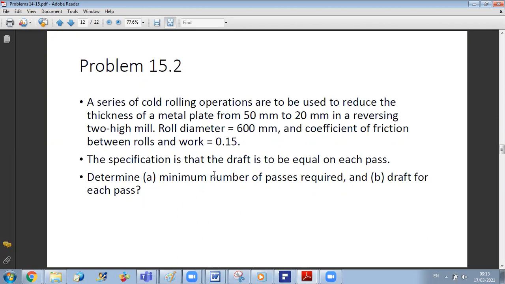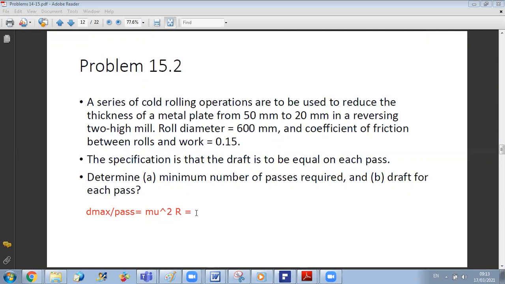So first, in order to determine the minimum number of passes, the first step is to find the maximum draft per pass. Okay? The maximum draft per pass is given by mu squared times the radius of the rolls. So here mu is given. They said the coefficient of friction between rolls and work is equal to 0.50.